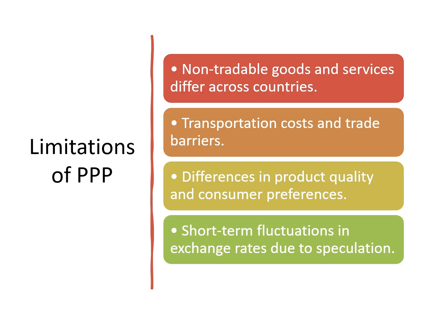Differences in product quality and consumer preferences. Certainly, American food in the United States is not necessarily liked all around the world. You have different tastes and different consumption patterns in different countries.